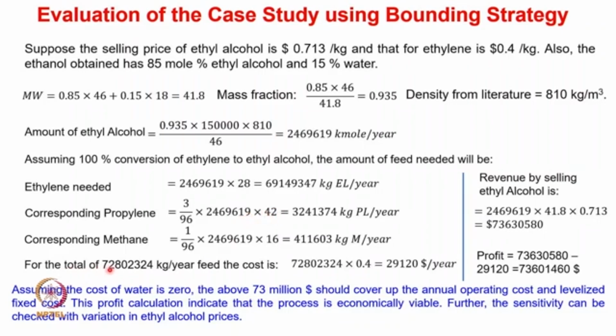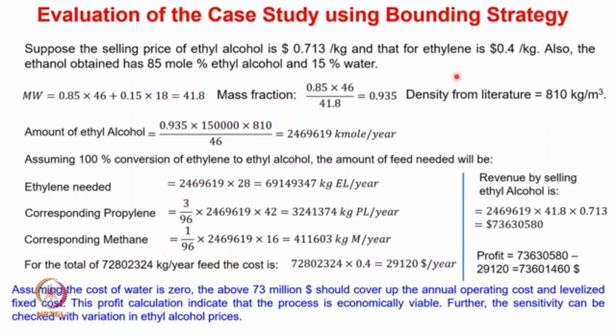So we will be requiring almost 7 crore 28 lakh 2,324 kg per year of the feed in order to satisfy the demand given by the sales department. So this particular amount is for the ethylene.